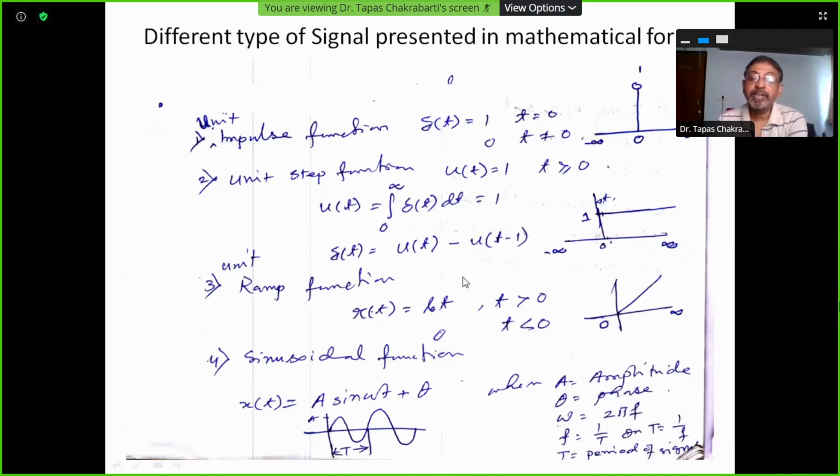That means t should be greater than 0, at that time the value of b should be 1.